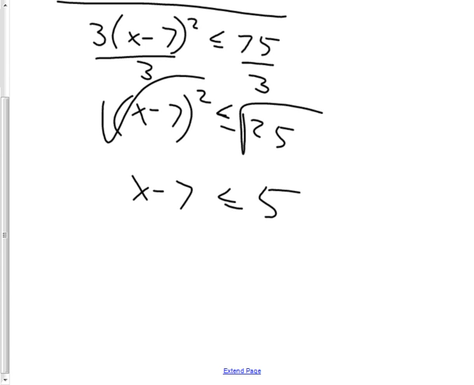Everything looks so beautiful, but I did something wrong. Did anybody do it smarter than me? Yes, sir? Aha! Absolute value right there. You need an absolute value because you did a square root on both sides. Anytime you do a square root to both sides, you need an absolute value around your variable.